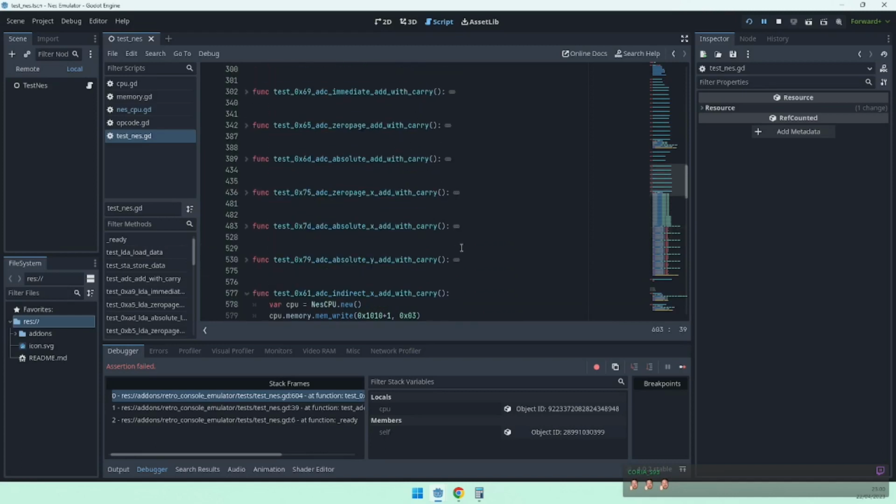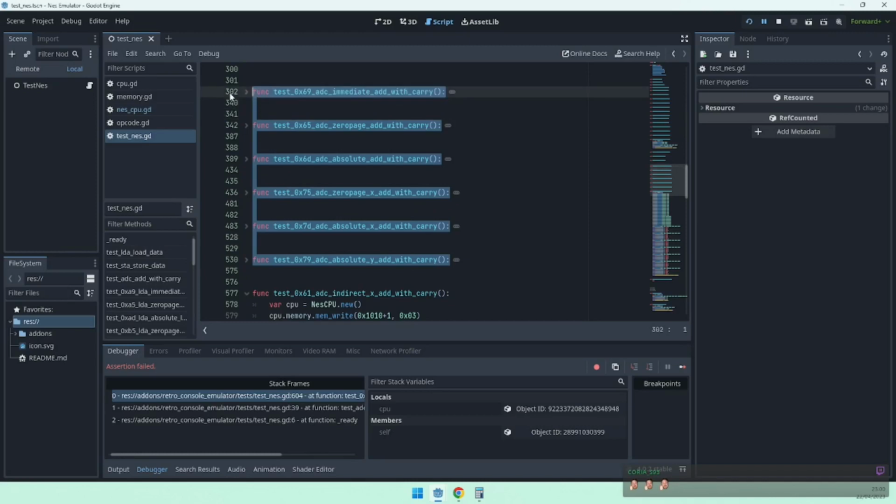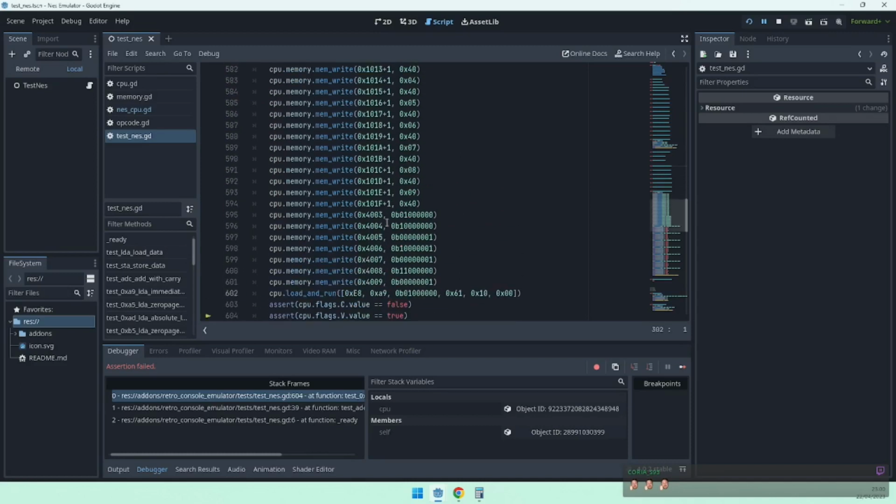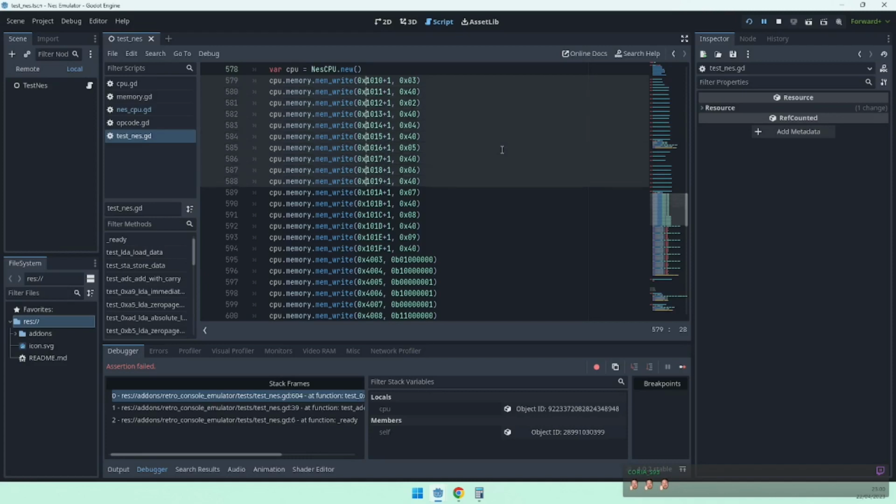I have tests for adding with carry for different memory access modes, and I am writing the last two versions, which are kinda difficult to be honest. And I think what I am missing is this, because now I am just taking the first byte and reading that on the next.